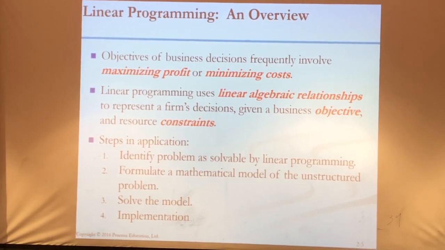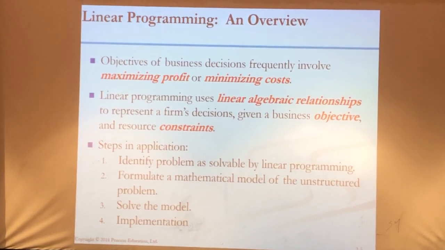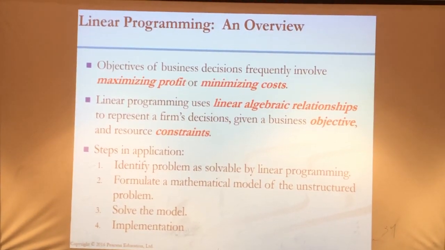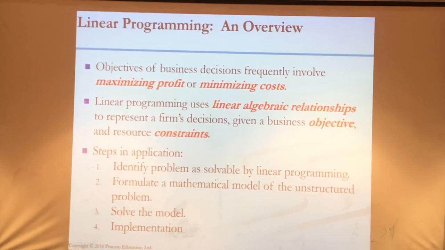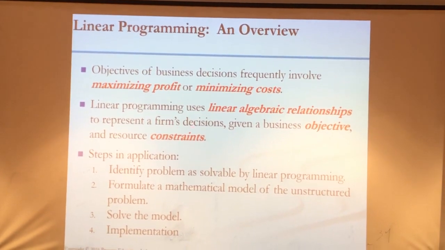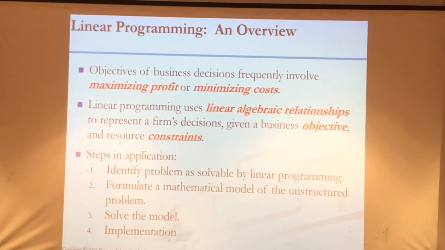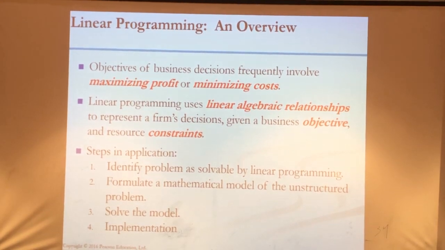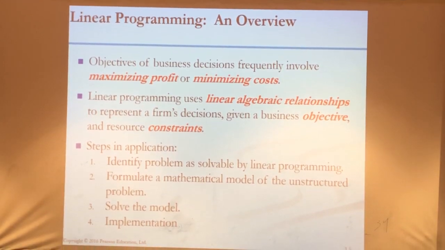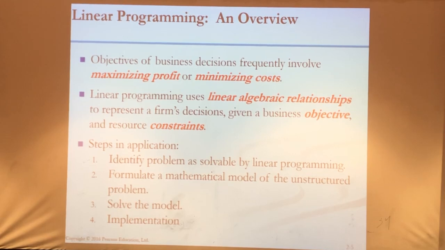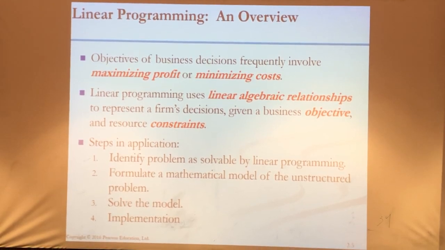An overview of linear programming: we will have an objective function. Objectives of business decisions frequently involve maximizing profit or minimizing costs. Linear programming uses linear algebraic relationships to represent a firm's decision given a business objective and resource constraints. So our objective function, which will be either to maximize or to minimize, will have linear relationships there. Also in our constraints, there will be linear algebraic relationships.